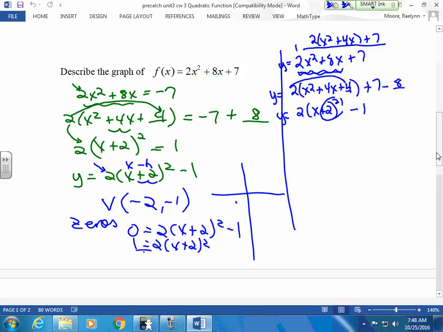I divide by 2. I take the square root. Square root says plus or minus. And I subtract my 2. So my roots are these.